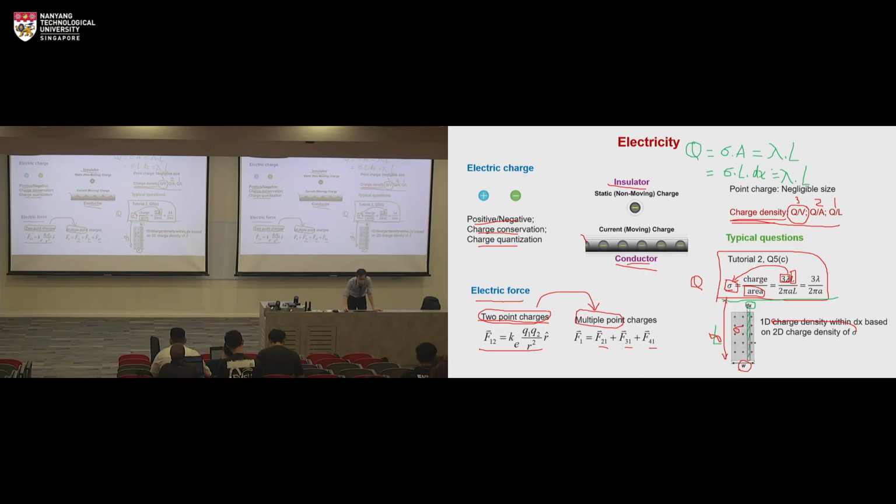So you will find that the one-dimensional density lambda equals the two-dimensional density sigma times dx. This is how you can convert two-dimensional density to one-dimensional density. Again, the principle is nothing special, from 1D to 2D or 2D to 1D.